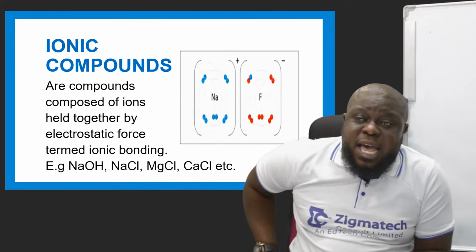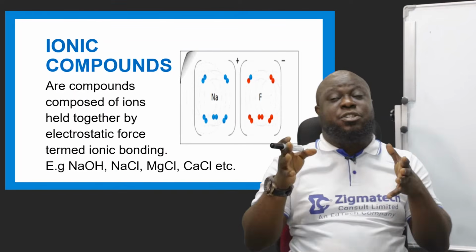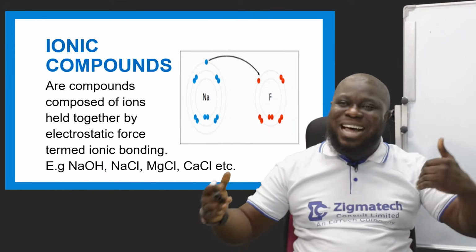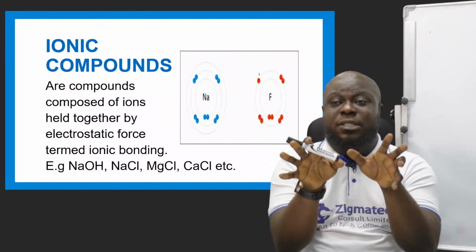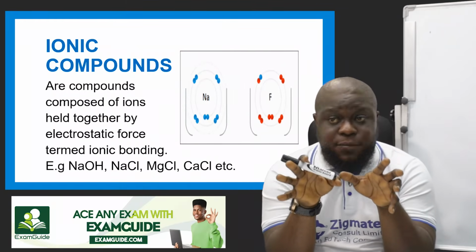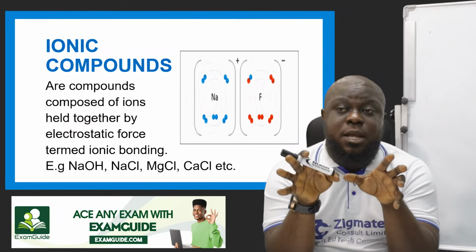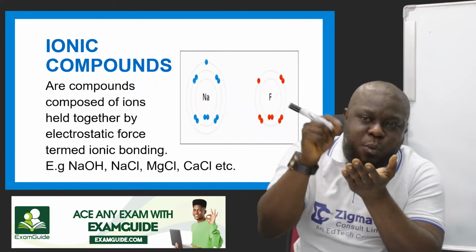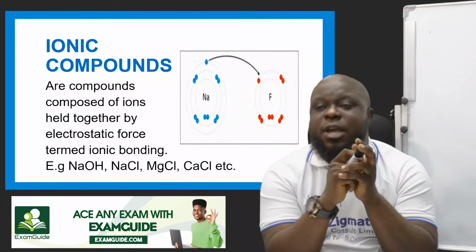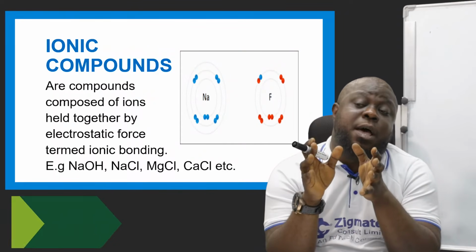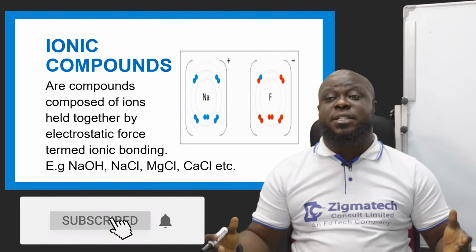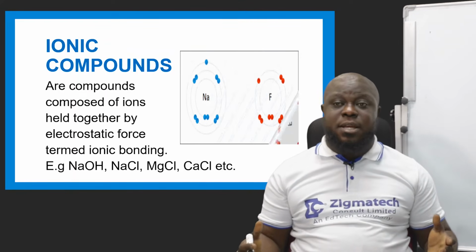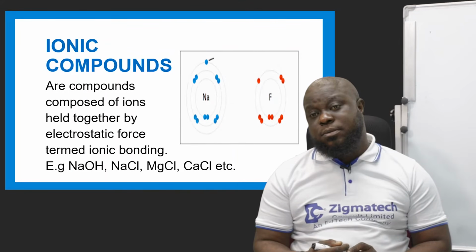In this context, electronegatives simply means the opposite charges, positive and negative. Every single word in science or in chemistry has a meaning according to what you're talking about. So in this context, electronegative simply means the difference in their charges. So when the difference in their charges is high, they form this ionic compound.